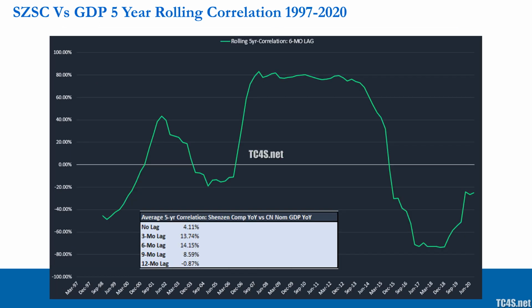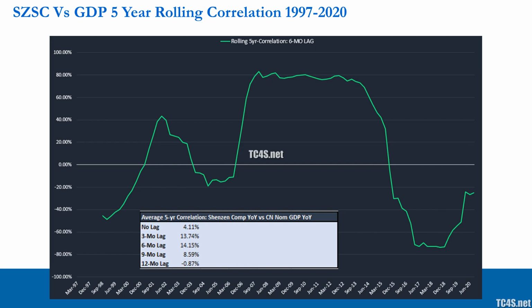Let's have a look at the Chinese numbers. The Shenzhen composite versus Chinese GDP on a 5-year rolling correlation using our data set. So this will be from 1997 to 2020. And what do we see here? Well, we just see an average 5-year correlation of the two variables that is extremely low.